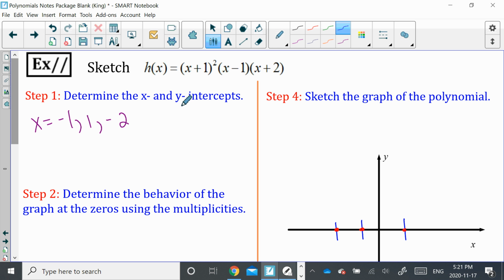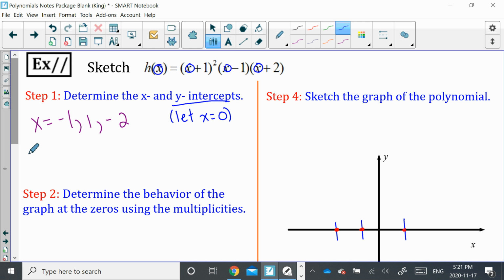If you want the y-intercept of a graph, you let x equal 0. So if I give you a polynomial function and ask you to algebraically solve the y-intercept, every time you see an x, you're going to put in a 0.